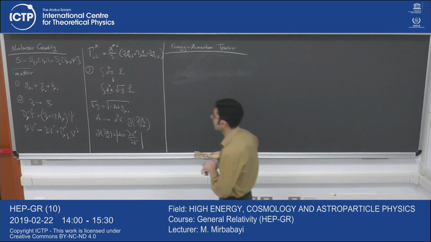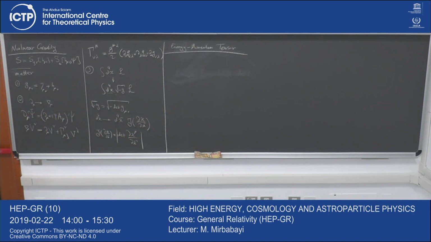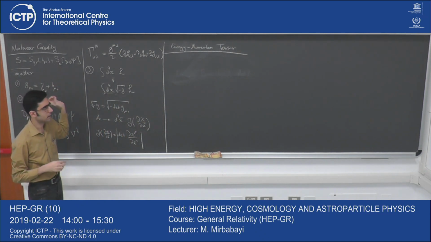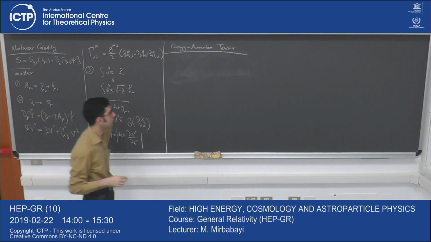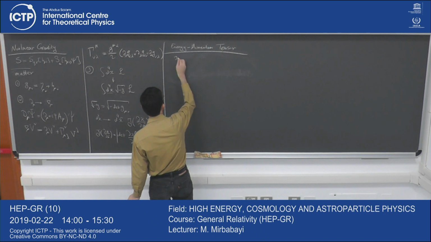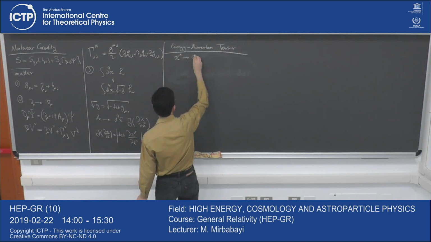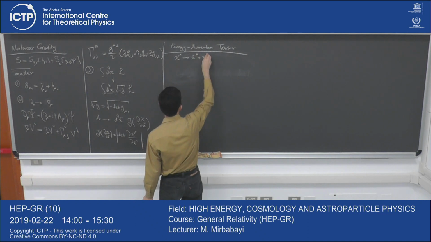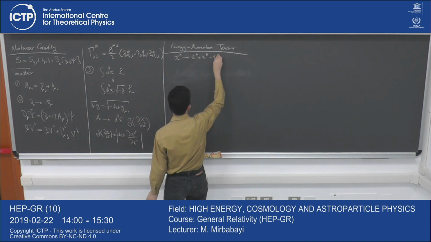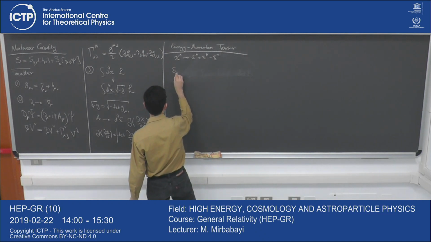So let's see what we have done. We have constructed a matter action that is invariant under diffeomorphisms, right? So it's invariant under x mu going to x tilde mu equals x mu minus some xi mu.